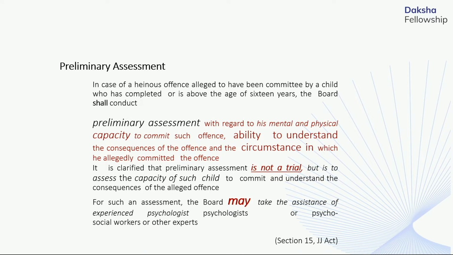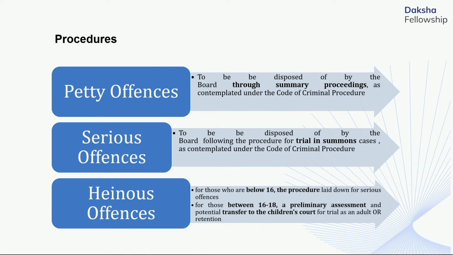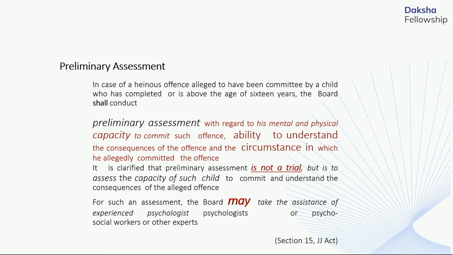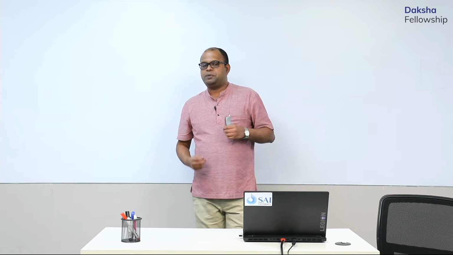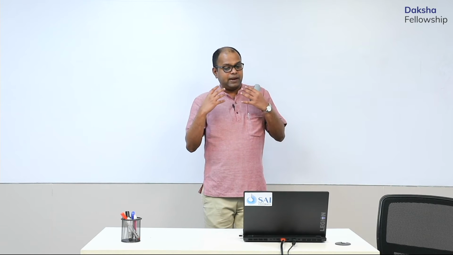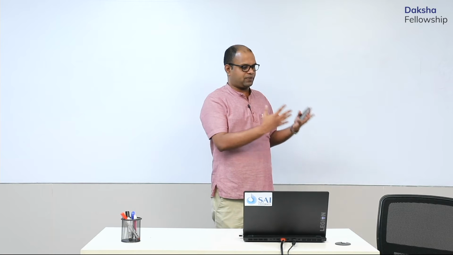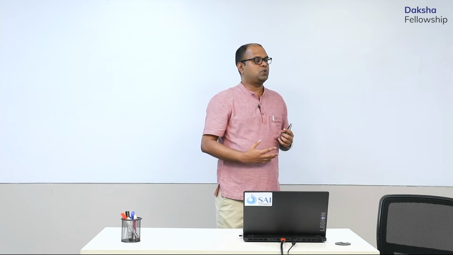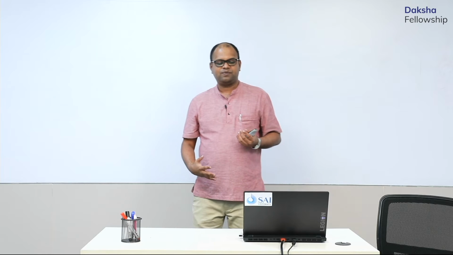Now, if you look at the slide, I've extracted section 15 of the JJ Act for you. Look at the themes that come in. It says a preliminary assessment needs to be done for assessing their mental and physical capacity to commit such a crime, their ability to understand the consequences of the offense, and the circumstances in which the offense was committed.